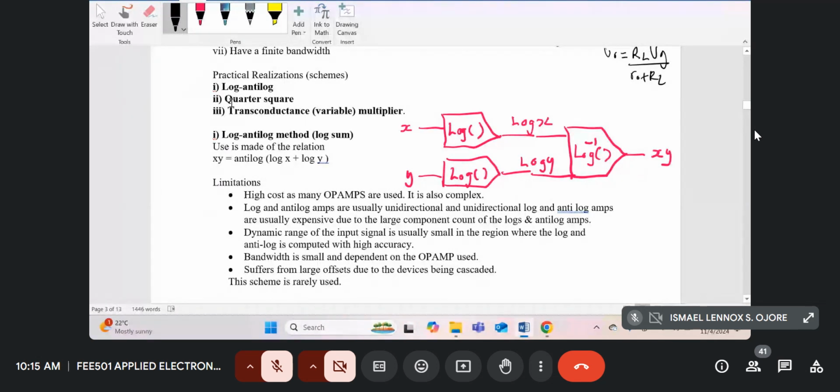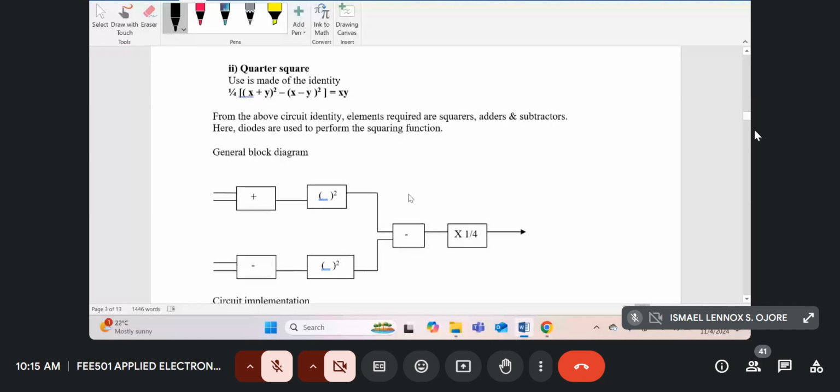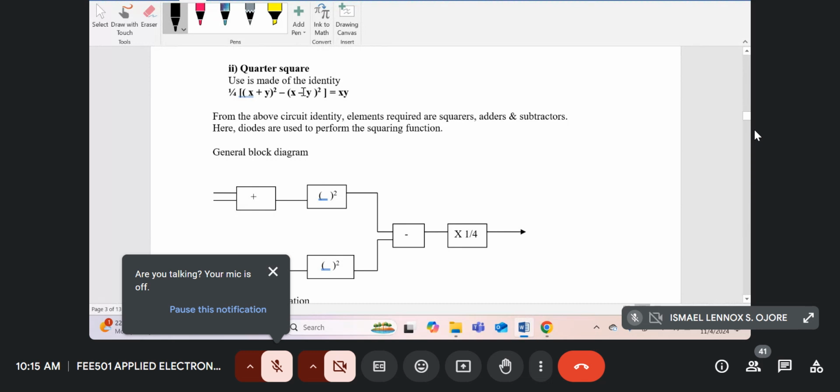So let's go to the quarter square method. In the quarter square method or scheme, we make use of this identity that 1/4 into (x plus y) squared minus (x minus y) squared is equal to xy.